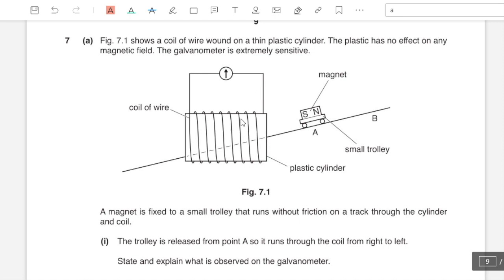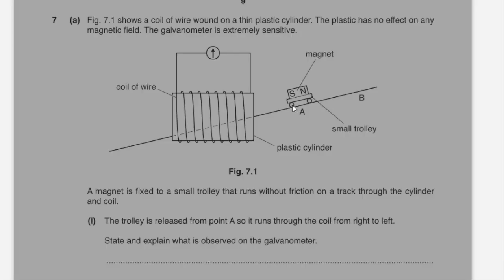Once a current is induced over here, the coil is also going to have poles. It's going to have some amount of magnetic field around it, and to oppose the movement of this magnet going through it, while the magnet is entering the coil it would have a south pole over here, so that these like two poles would be repelled, but it would keep moving.